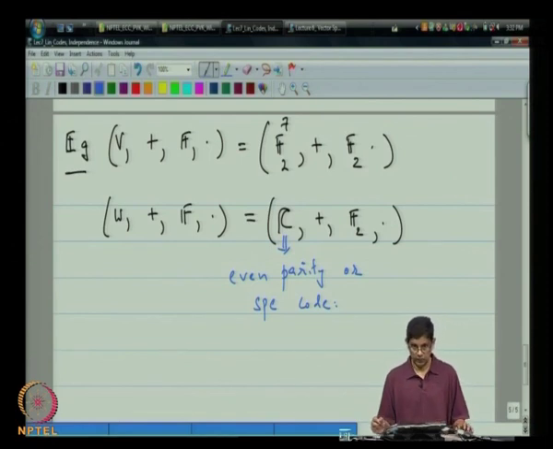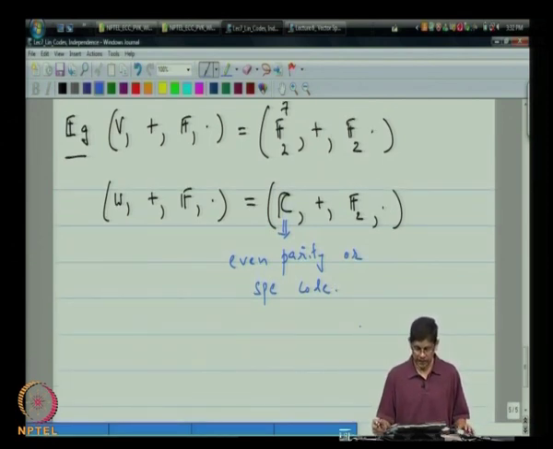Okay. So, I would like to show you that this is a subspace.